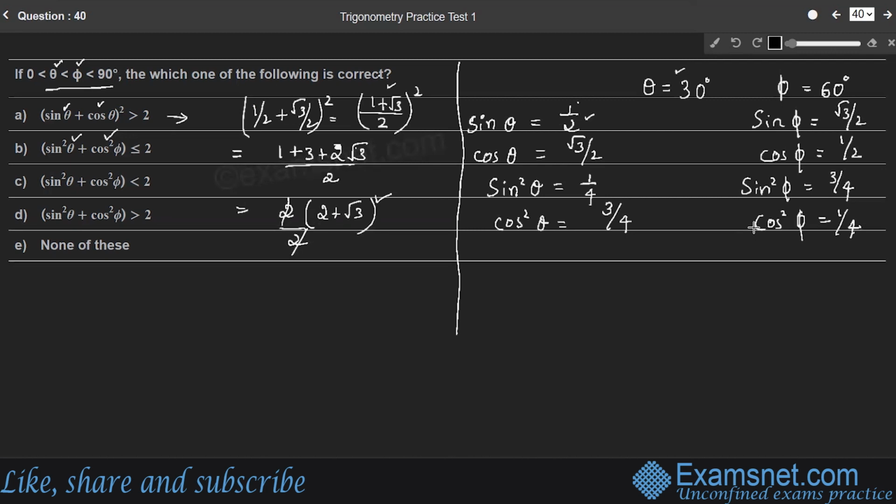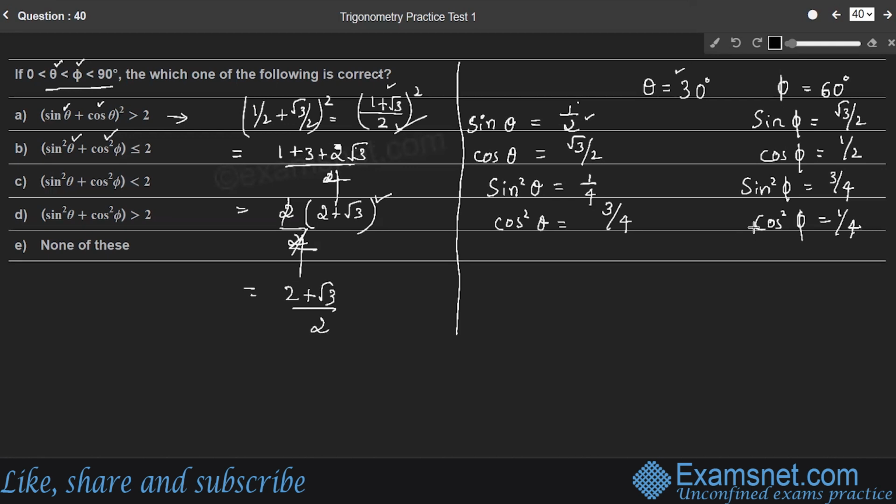Actually, it is not 2 plus root 3; it is 2 plus root 3 by 2. Since it is a square, here I made a mistake. The denominator is 4, so 2 plus root 3 by 2 is the answer.